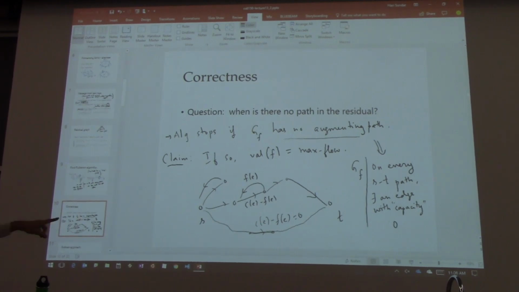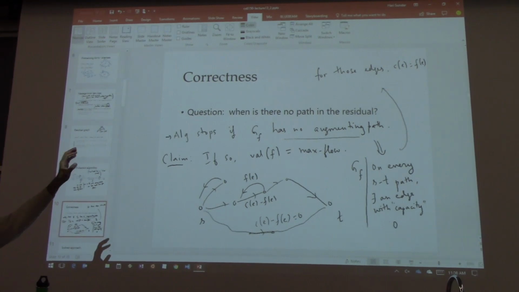But capacity is C of E minus F, so having capacity 0 basically means that for those edges, C of E equals F. So this is one observation. Let's leave it at that.